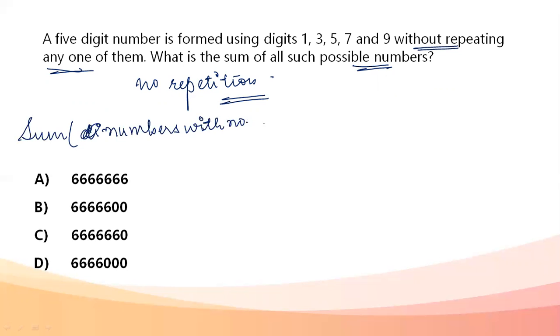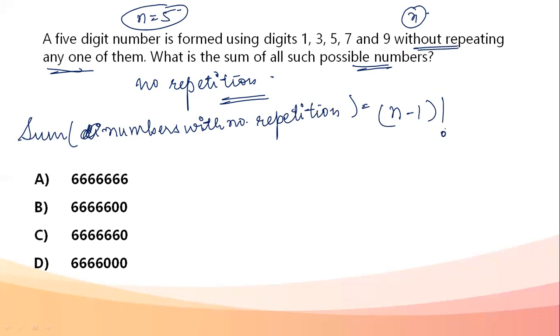The formula is, when there are n digits given to us, n in this case is 5, because I have 5 digits. The first term that we'll be using is n minus 1 factorial into the sum of digits. Whatever digits are given to you, add all of that.